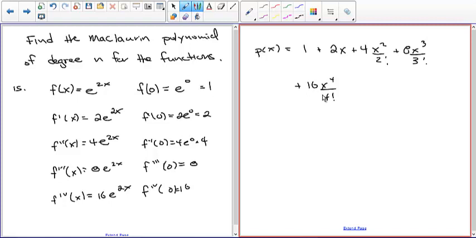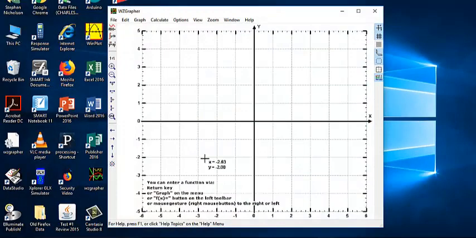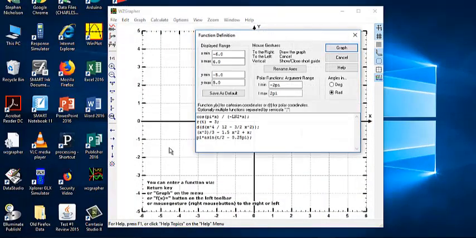So if I plot e to the 2x and I plot the first 4 terms of this series, let's see what they look like. So instead of e to the x, we have e to the 2x.